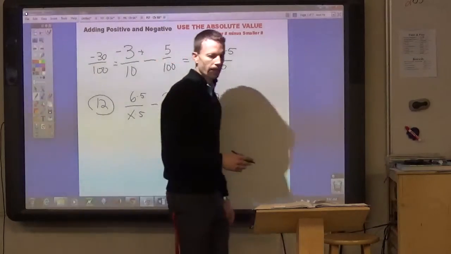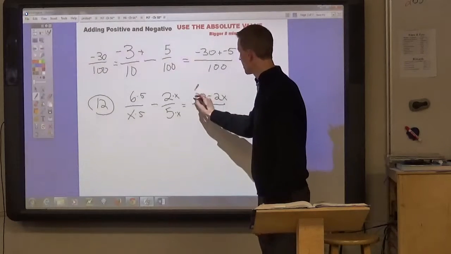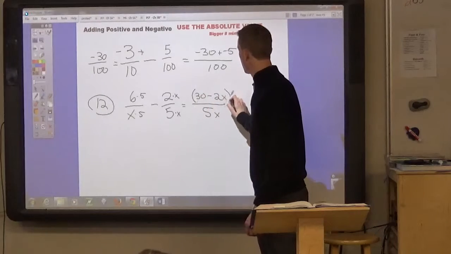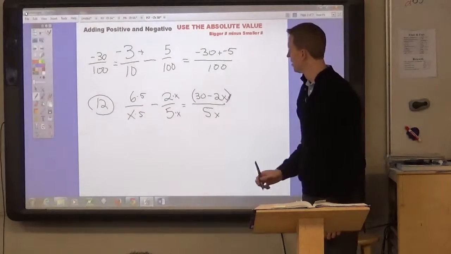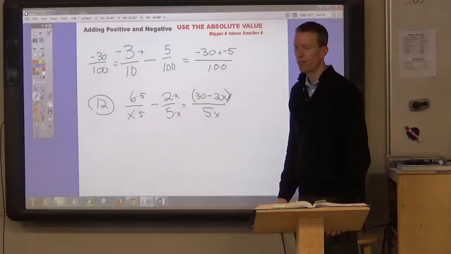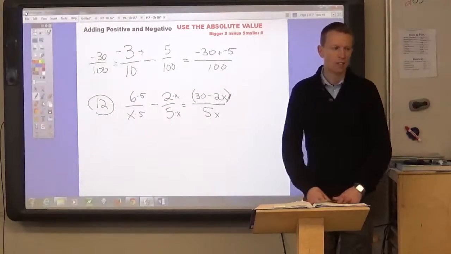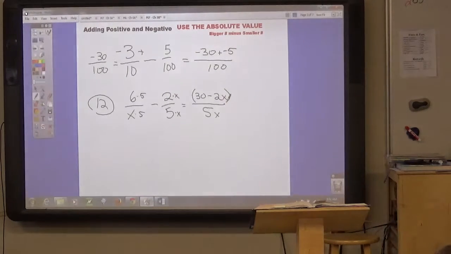Then, is there anything else we can do? Nope, that's it. That's all we can do here. This is like parentheses. So this is all we can do with this. Okay? That's number 12. So, a common denominator, you can always find by just using a common multiple. Okay?